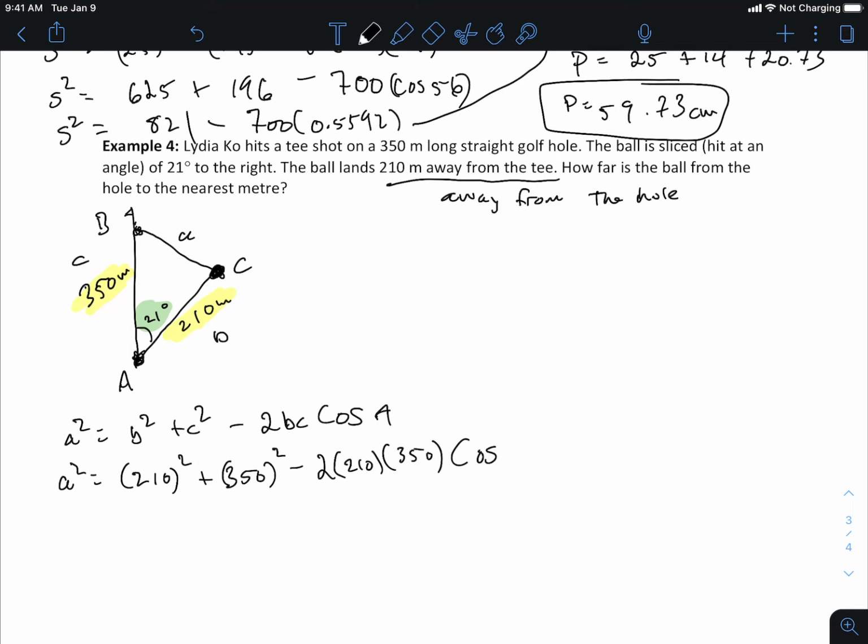It's 21. Here we go. Lots of calculations to do.